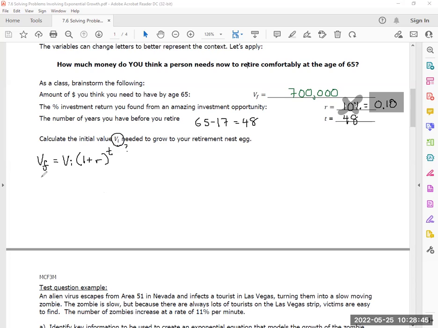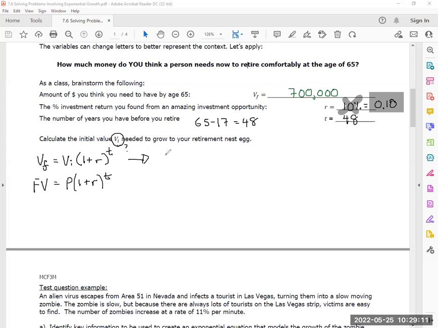Shameless plug into chapter 8. If you want to have less of a headache, I could write future value is equal to the principal or the present amount, 1 plus r over t. You can do the same. It's the same. You'll see the textbook interchange it. So let's do this.